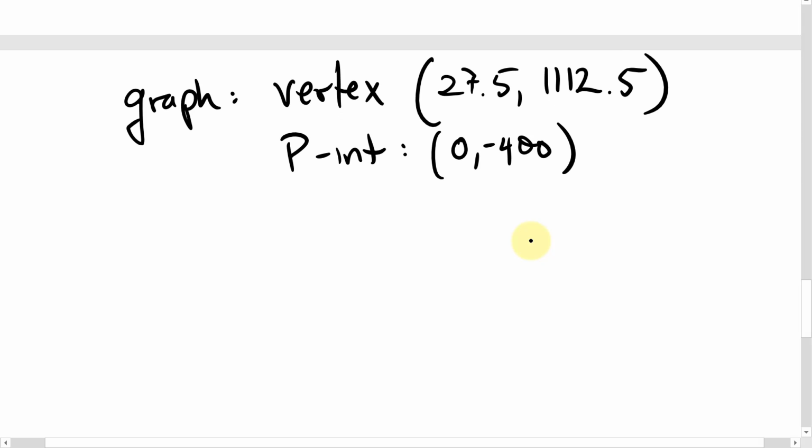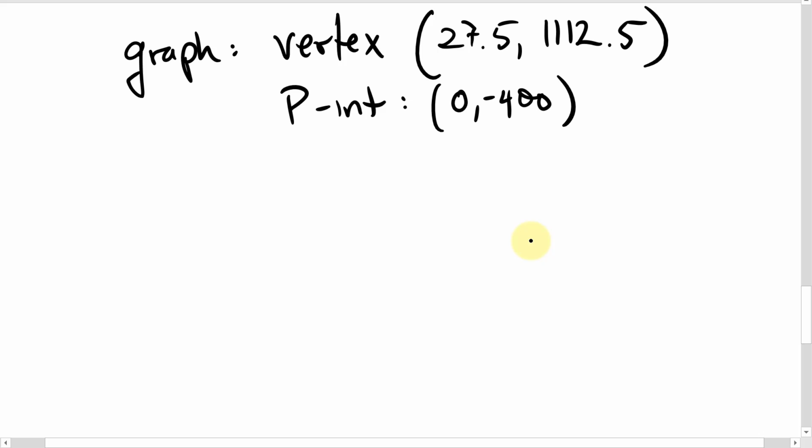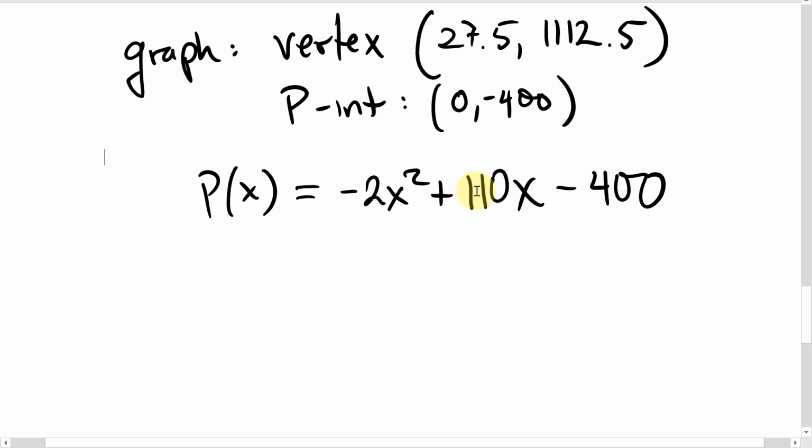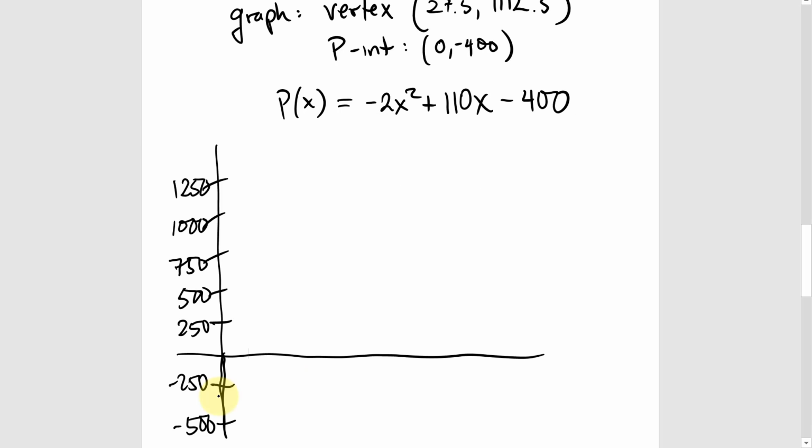I also know the function that I'm graphing. What I'm trying to say is that because the coefficient of the quadratic term is negative, I know that it opens down. So we can put those pieces together to begin the graph, trying to keep in mind the full scale, actually, that it could be as low as a profit of negative 400 here.